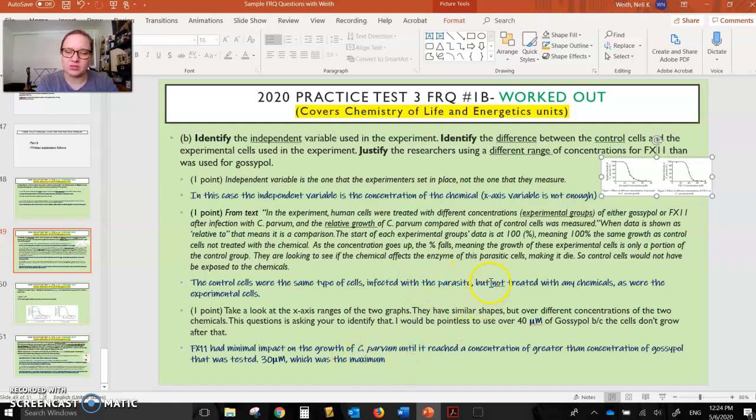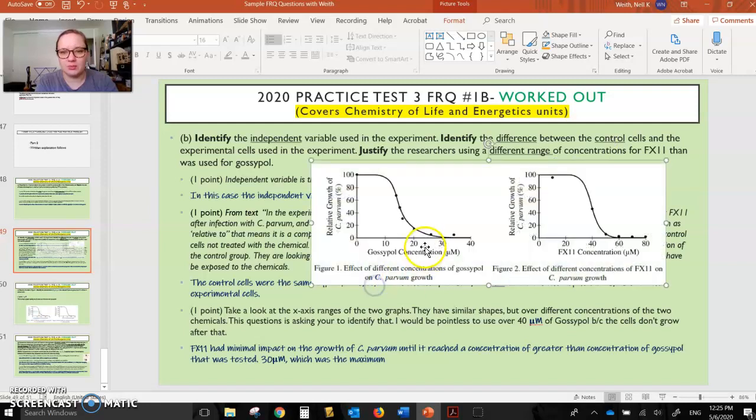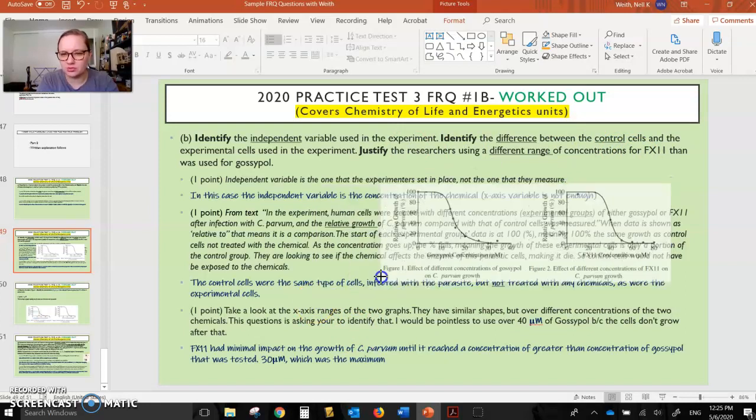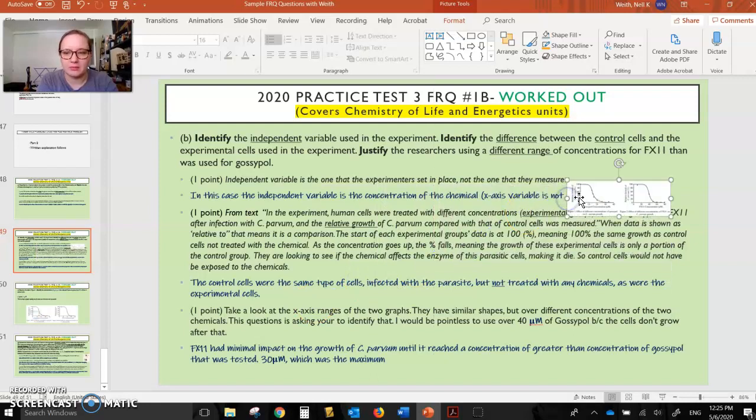I think a lot of answers would satisfy here as long as you are making sense and comparing the two. They're not looking for you to only talk about one chemical and not the other. They're talking about both. So let me know if you have questions on this one. I think it's straightforward. I'm just coming up with a blank right now.